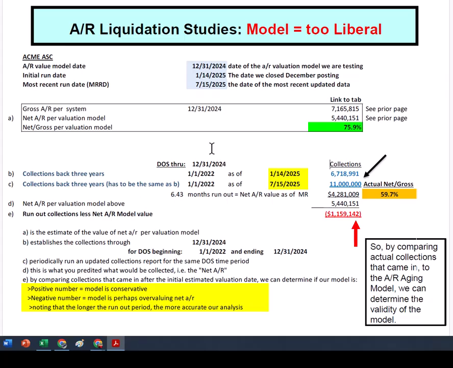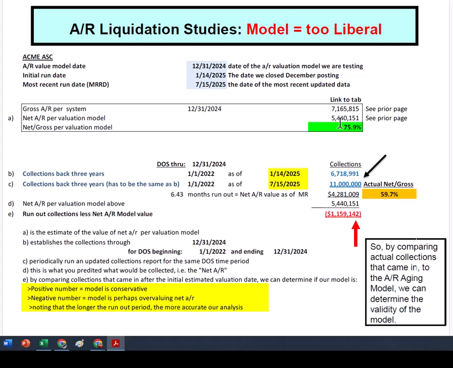So I'm looking for these dates of service. And in this case, I've collected $11 million. So I've collected an extra 4.3, let's call it, million dollars for those dates of service.